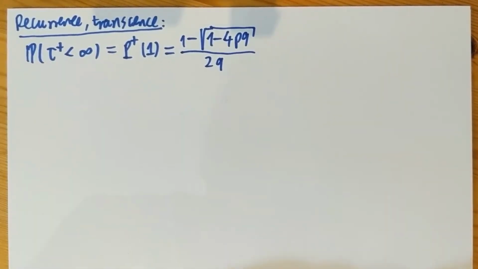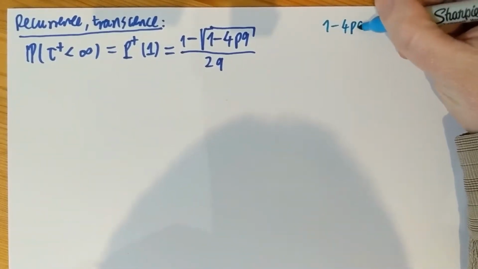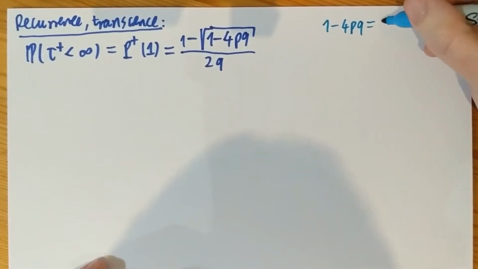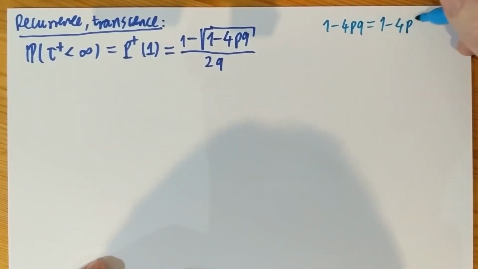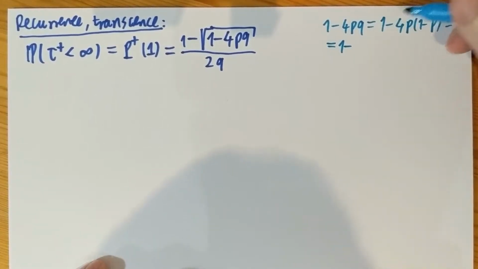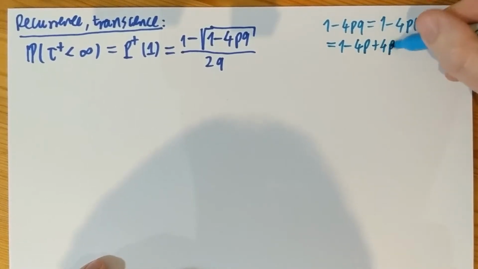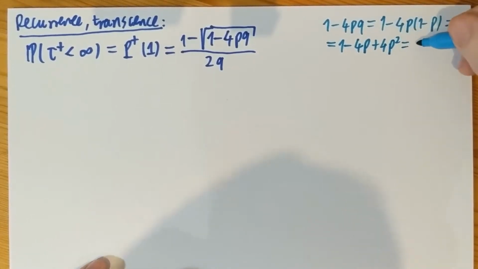Now there is this trick with 1 minus 4pq, which is very nice. I claim that 1 minus 4pq is a full square, because it's 1 minus 4p(1 minus p), or 1 minus 4p plus 4p squared, which is (2p minus 1) squared.